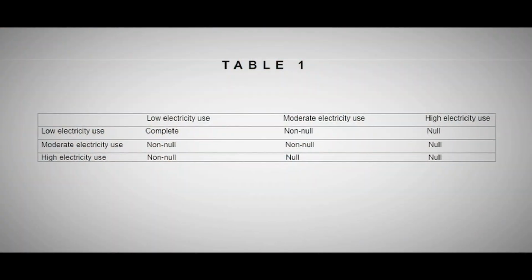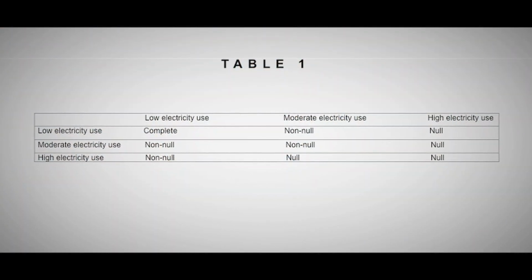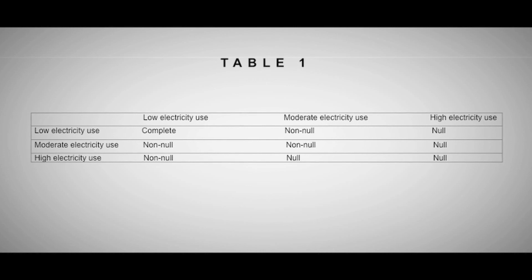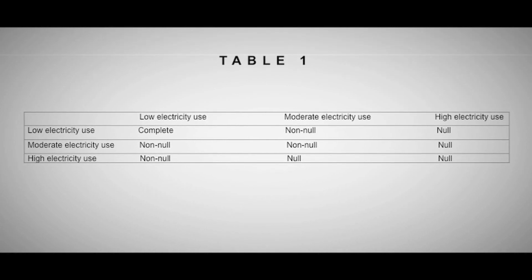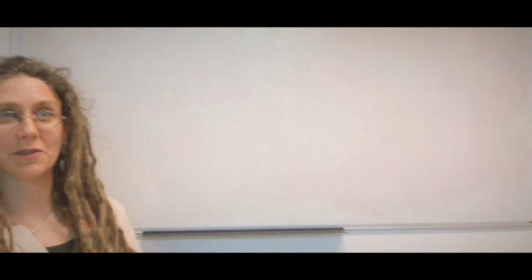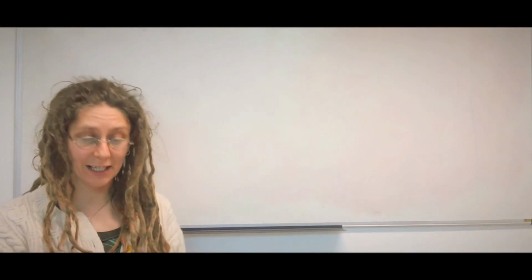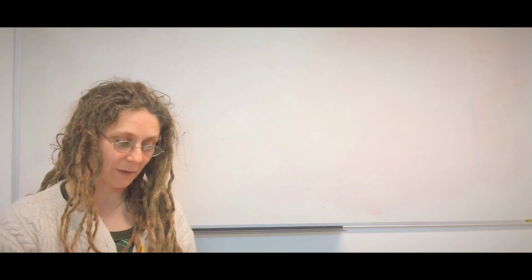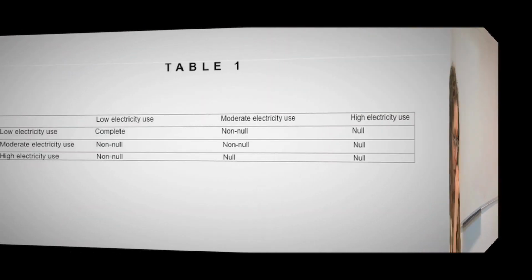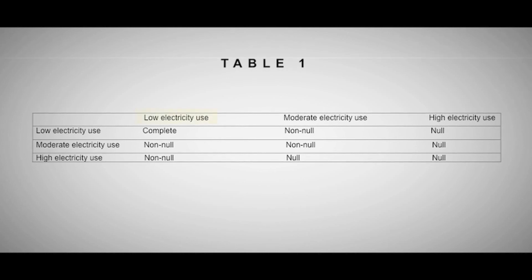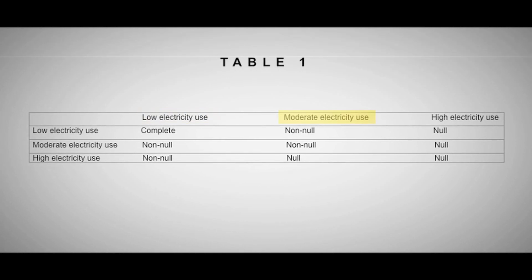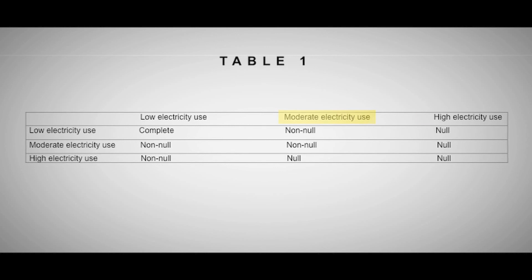Can you please explain the hypothetical block model in Table 1 and the process of deductive block modelling? Okay, again, that's a tricky question, and I think I could probably give almost a whole lecture course on deductive block modelling. But in a nutshell, I'll try to explain what I mean. So you'll see that in Table 1, I talk about people with low electricity use, medium electricity use, and high electricity use.